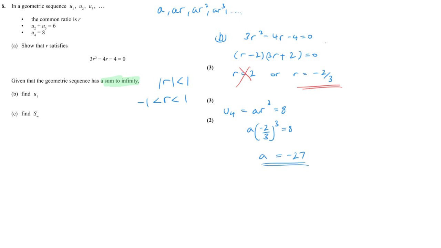So that is my A, which is also my U1. Next we have to find our sum to infinity, which is the formula A over 1 minus R. So it's minus 27 over 1 minus minus 2/3, which is minus 81/5.